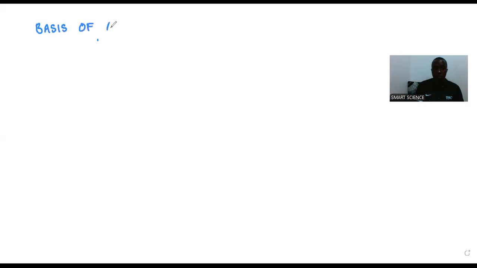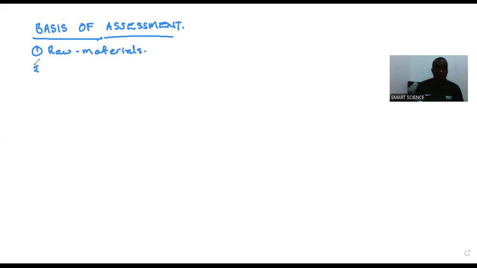So, basis of assessment. Like we agreed, number one, I would like to see the raw materials, because this is an industrial process. Number two, I would like to see the process of production as another basis of assessment.